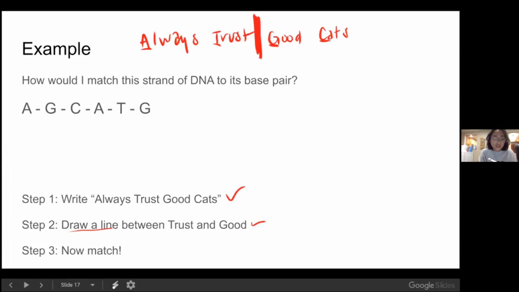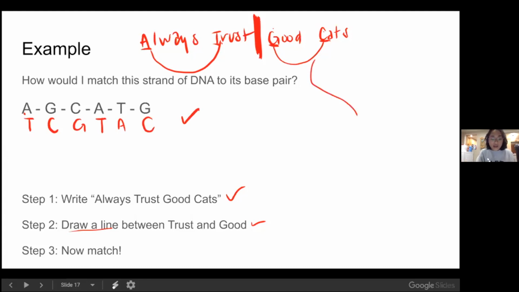And I might even underline this and draw a little bridge so I know. And now I just need to match. So A matches with T, G matches with C, C matches with G, A matches with T, T matches with A, and then G matches with C. And I'm done.